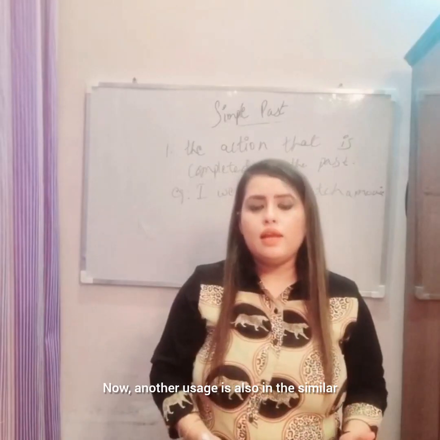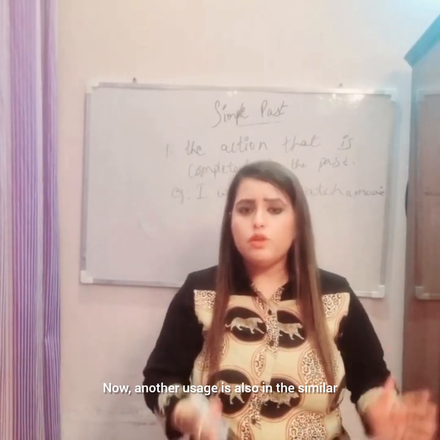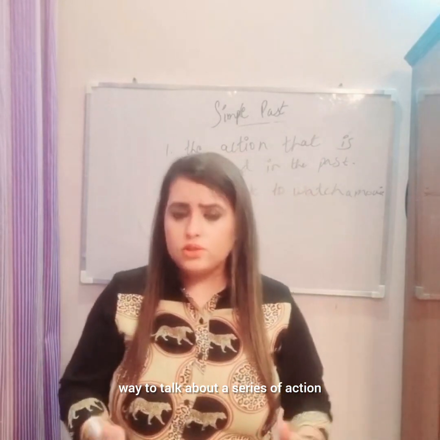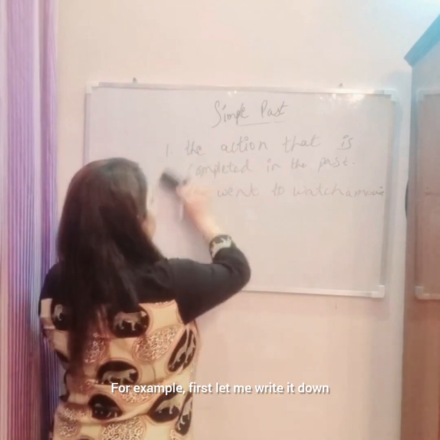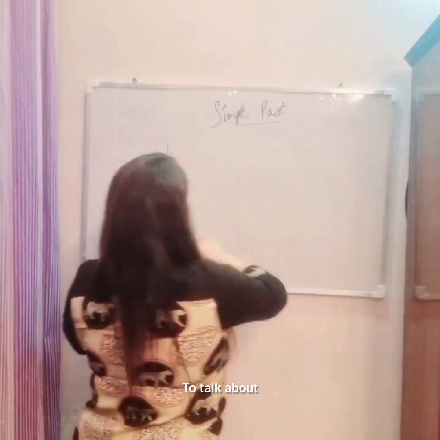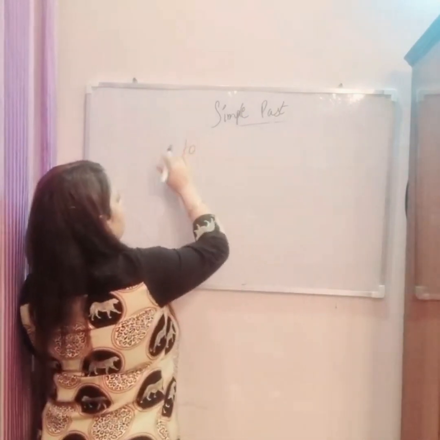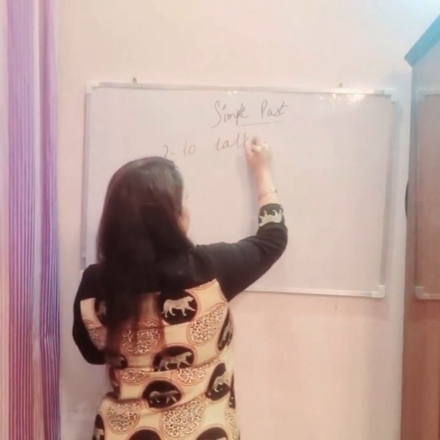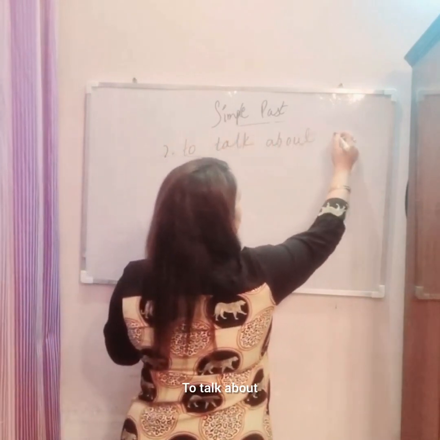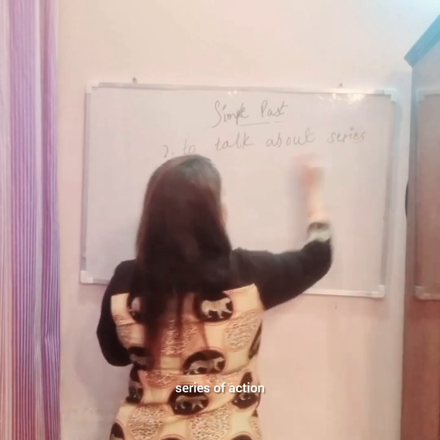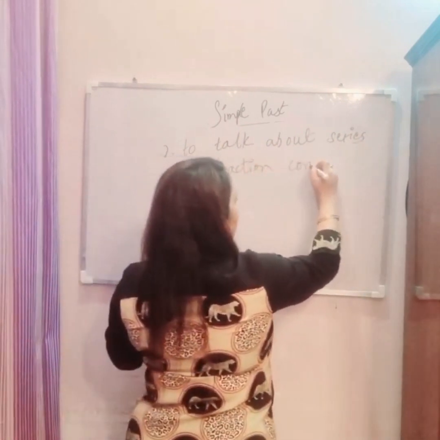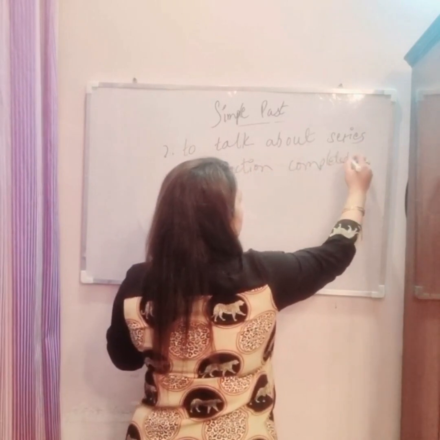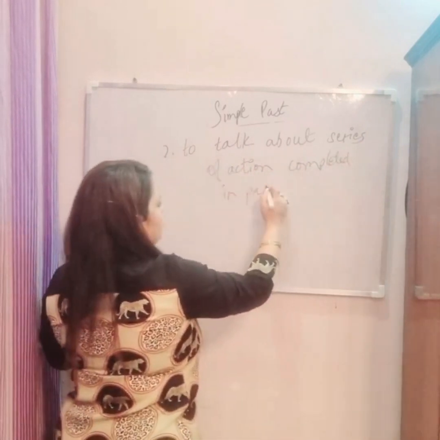Alright, now another usage is in a similar way, to talk about a series of actions that had been completed in the past. For example, first let me write it down: to talk about series of action completed in past.